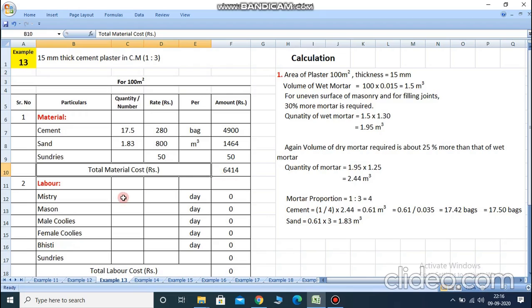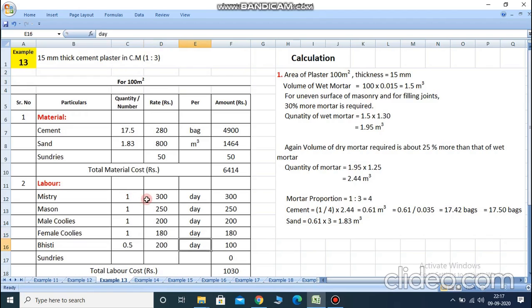Now the labor cost. Number of labor required: one mistri, one mason, one male coolie, one female coolie, and half bistri. Rate per day is 300 rupees for the mistri, 250 rupees for the mason, male coolie 200 rupees, female coolie per day rate is 180 rupees, and bistri rate per day is 200 rupees.